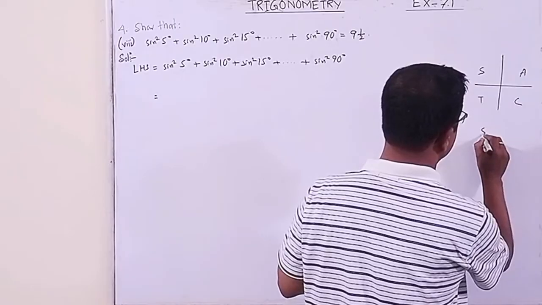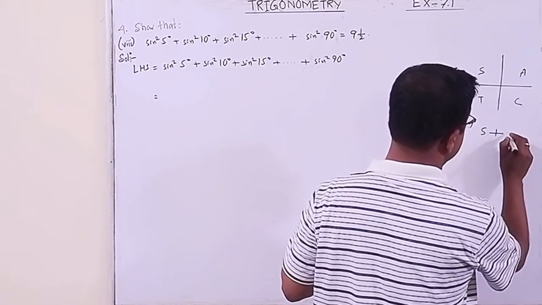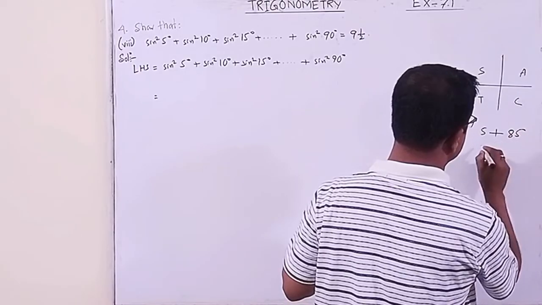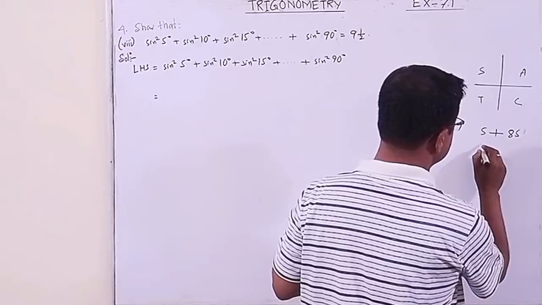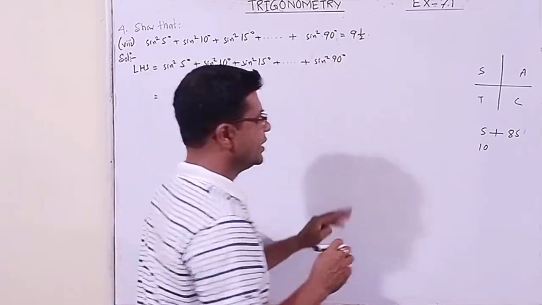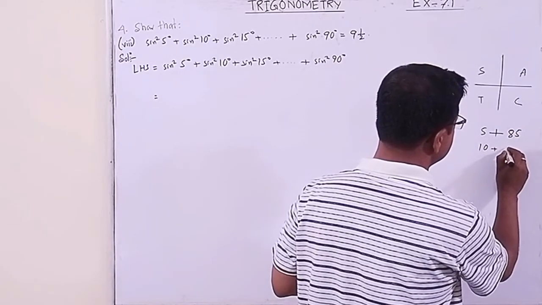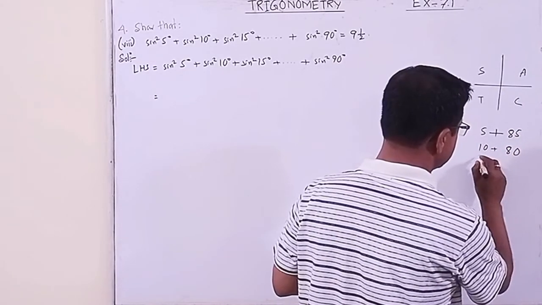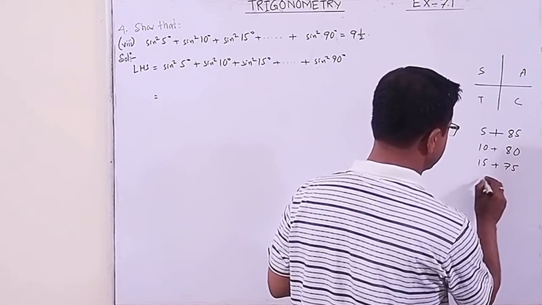Sine, 5 plus which angle to make 90? 5 plus 85. We will not write the degree, it is usual, we know it. Then you see 5, then comes 10, then 15, so up to 90 degree. With 5 we have to put 85 to make 90, 10 and 80, their sum is 90. Then comes 15, along with 15 we give 75.